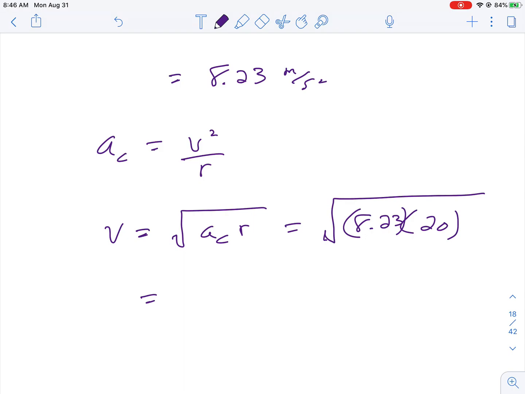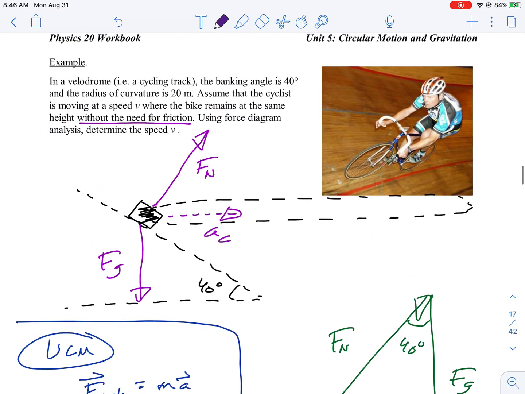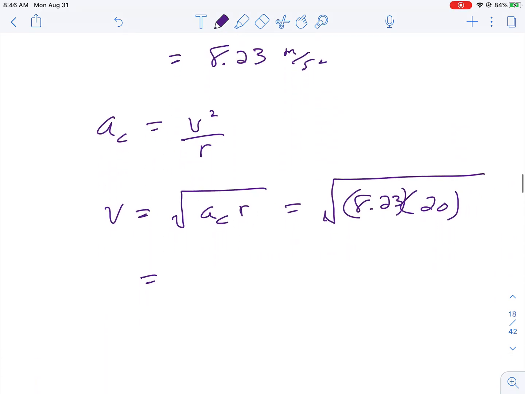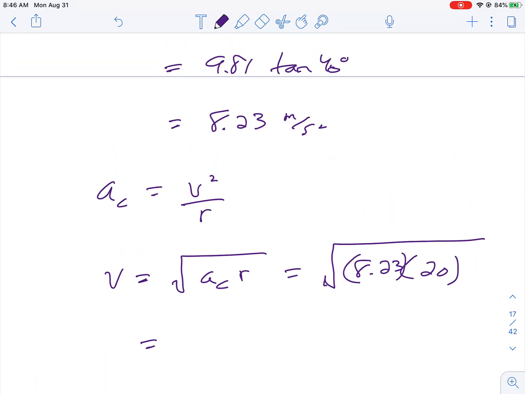And that comes out to be, let's see how many sig digs I gave myself here. Looks like 2 sig digs. So our answer comes out to be 13 meters per second approximately.